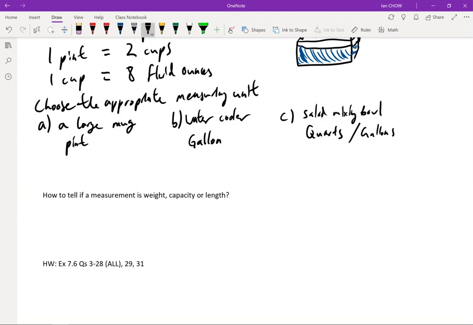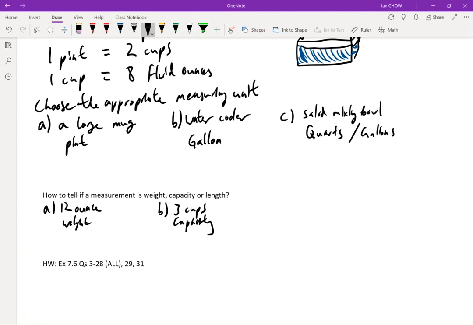So A, if we have a measurement that is 12 ounce, well, it's ounce on its own, which means it will be a weight. And then B, if I have 3 cups, well, cups is a measurement of capacity, so that's going to be capacity.